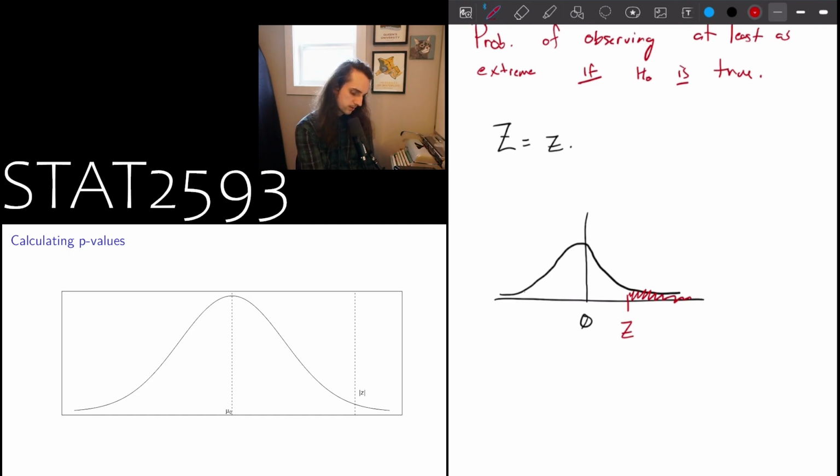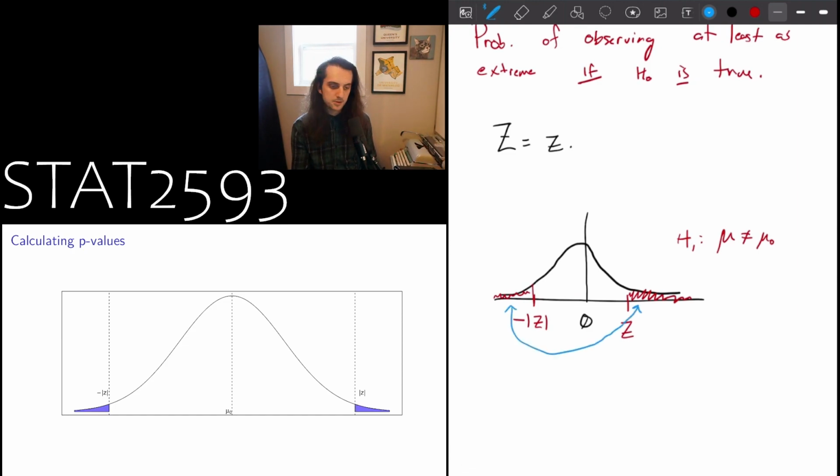But also, if we were to look at the negative version of z down here, because our alternative is mu is not equal to mu naught, then anything that's down in the negative tail also would have contradicted our null hypothesis, right? And so our p-value is, as a result, going to be the combination of these two areas, right?